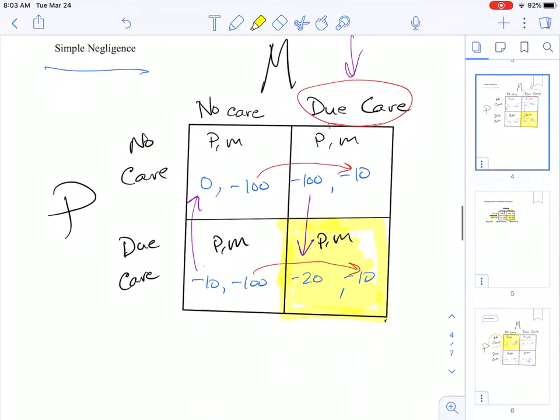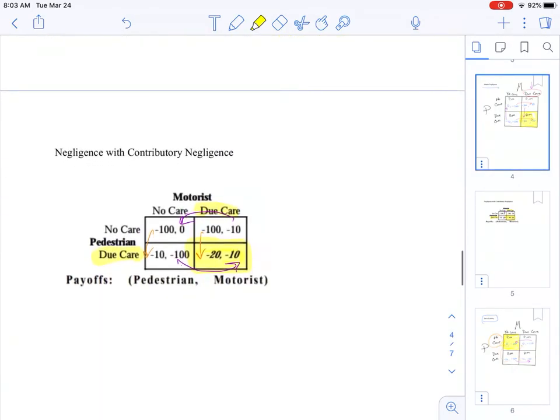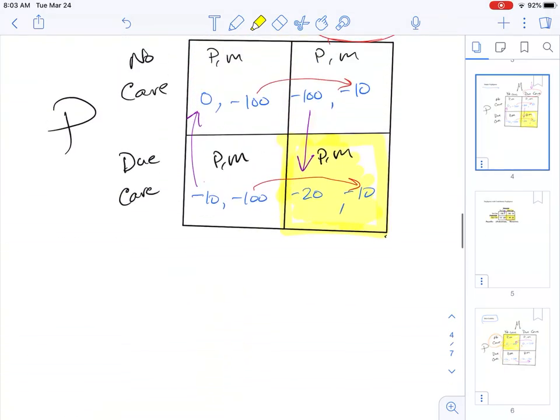But in some of the intermediate cases, either with simple negligence or with simple negligence with contributory negligence, in both of those, we ended up in the bottom right, where in fact the social costs were less, because people took appropriate levels of care, exercised appropriate levels of caution.